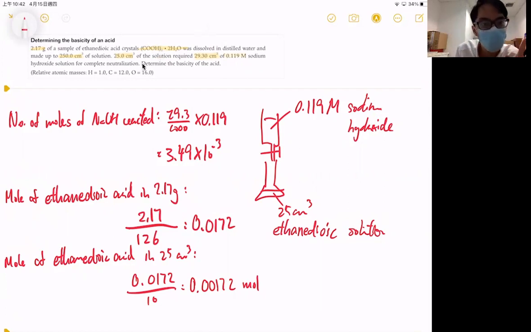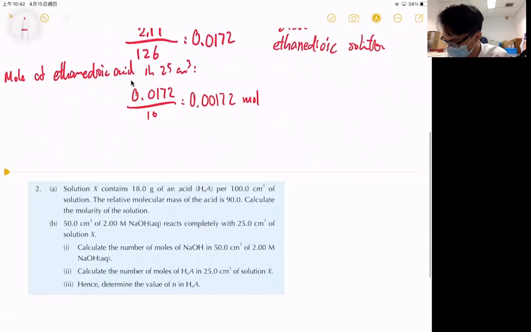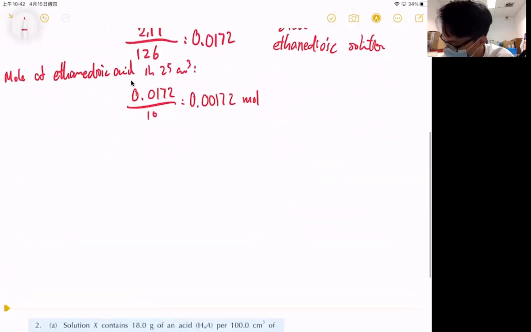For sodium hydroxide, if one sodium hydroxide reacts with one acid, it means that the acid will be monobasic, like sodium hydroxide reacting with a monobasic acid. It will be a 1-to-1 ratio, and we will form something like this.